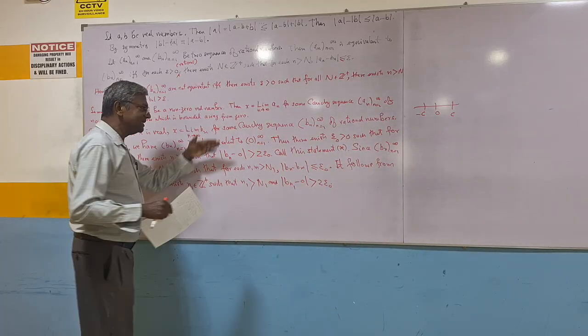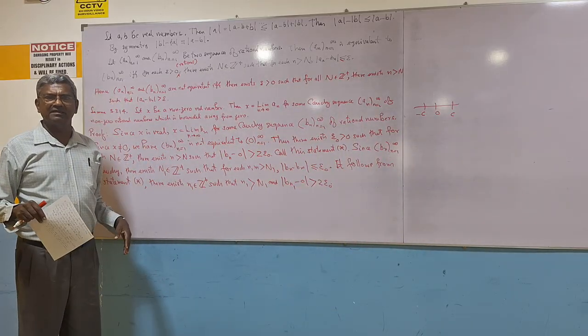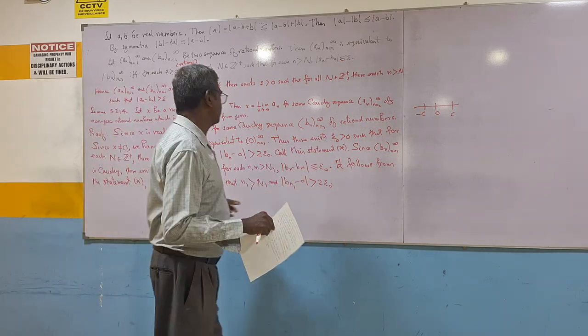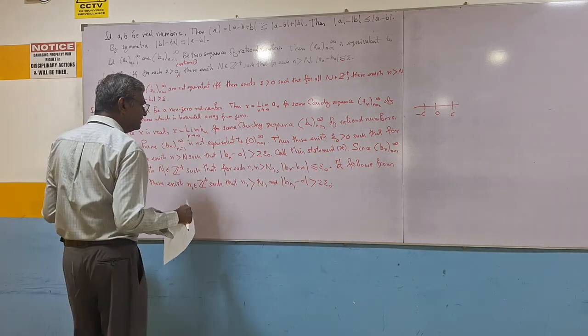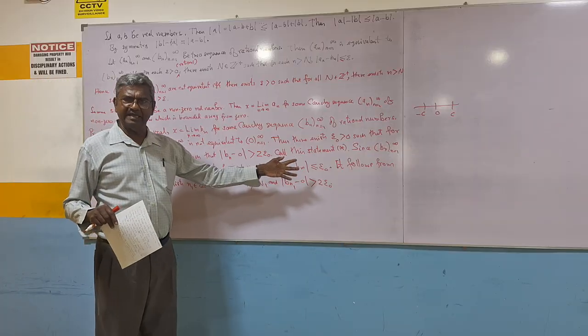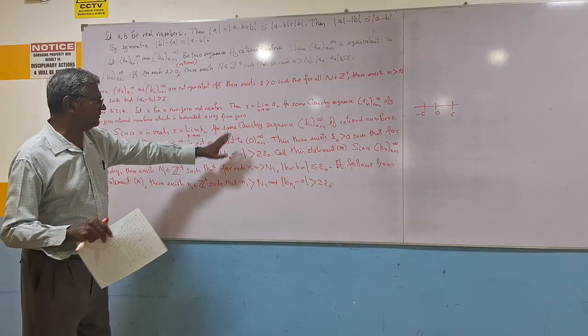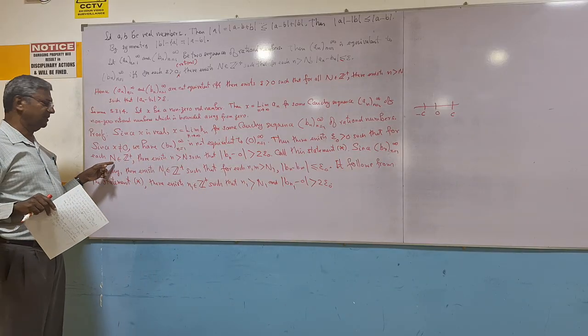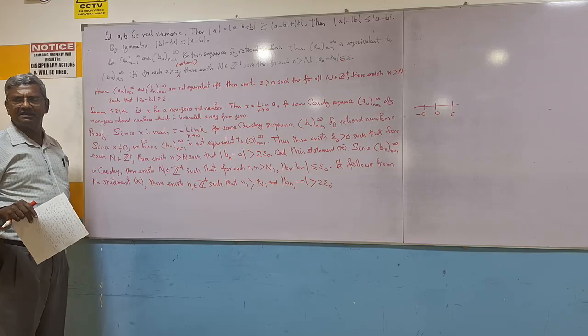So here this order is very important. First thing is I got this epsilon 0 because it is not equivalent. Then I got this N1 because Bn is Cauchy. Then I went back to this statement. I applied, in the place of N, I put N1.